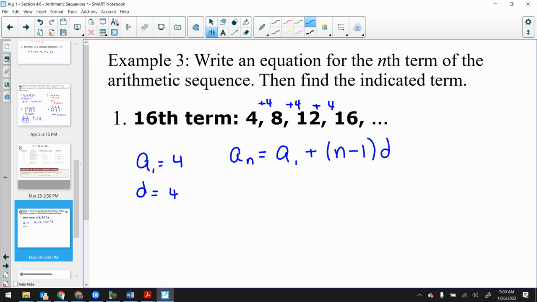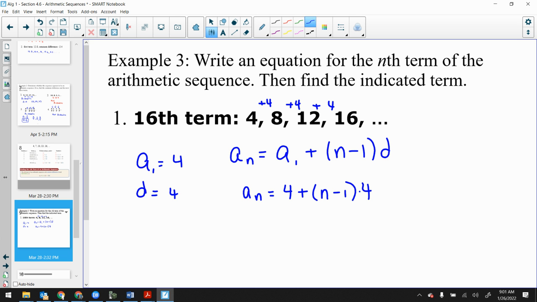So d is 4 as well. Now, I'm going to build my equation using that alone. I'm ignoring this 16th term for now. So I have 4 plus n minus 1 times 4. That's my equation for this arithmetic sequence, where n is the term number that you're looking for.